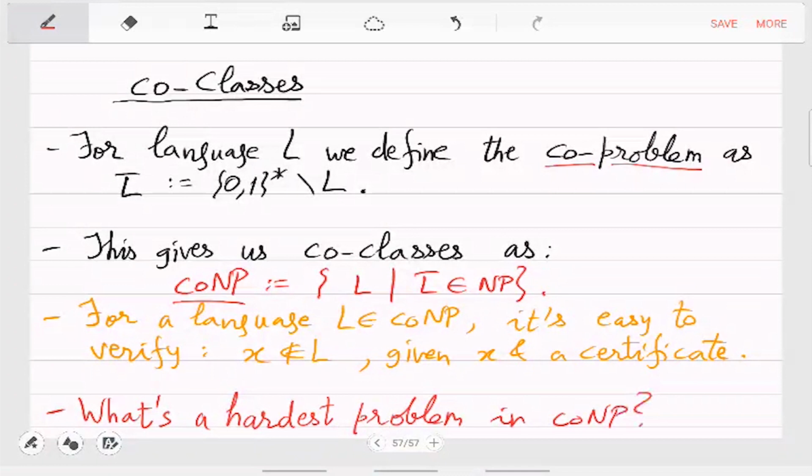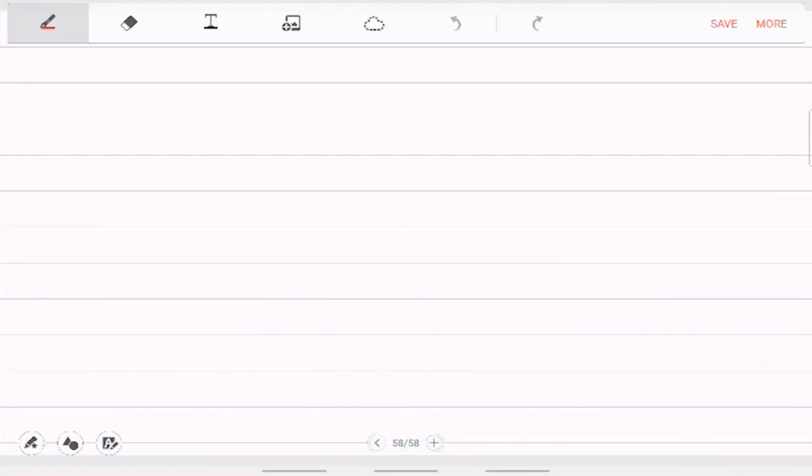But we can come up with a better, more natural sounding definition, which is tautology. Tautology, as the name suggests, these are formulas which are true, like theorems.